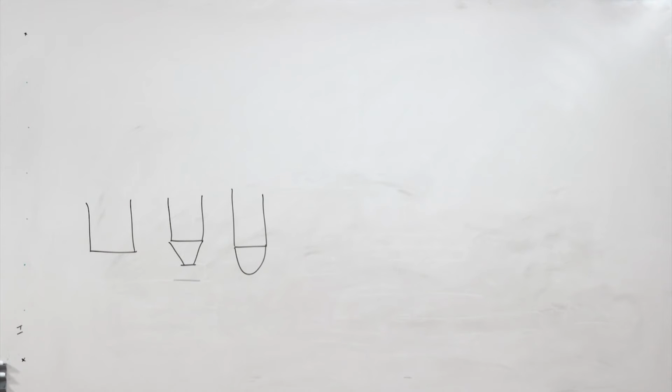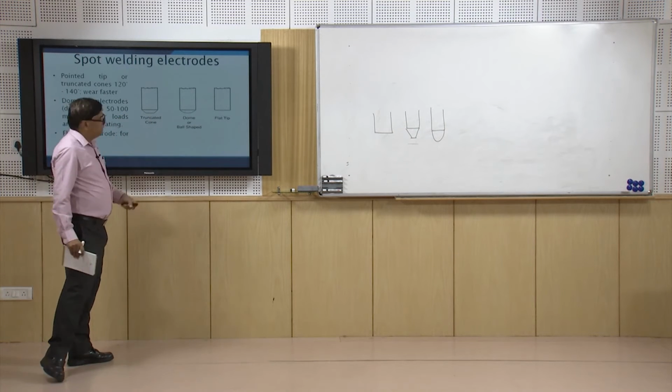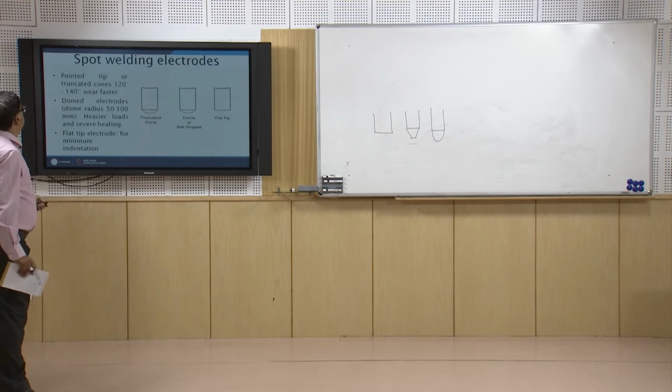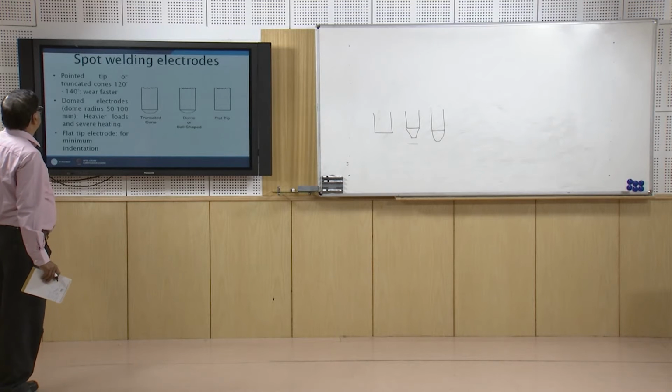So, in case of the truncated, the angle between the conical surfaces is 120 to 140 degrees, but this kind of system wears at a faster rate.